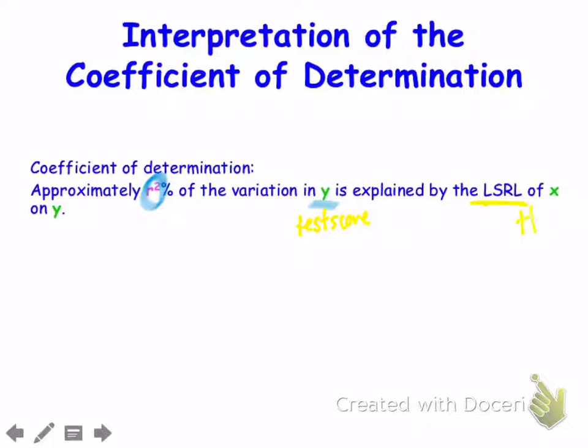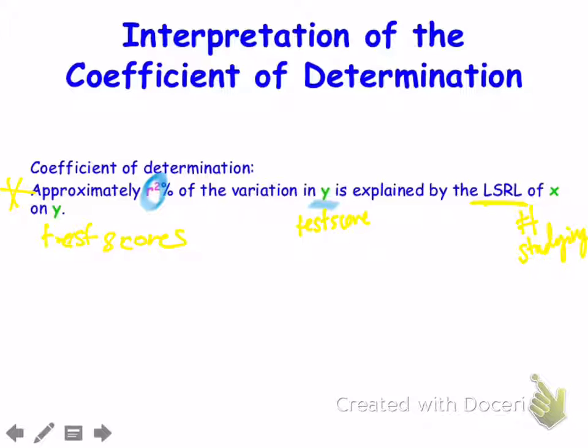So of hours studying on test scores. So you're just replacing. So for the purpose of the scripts, I want you to write this verbatim because that's what's going to get you full credit on the AP exam. But as far as understanding what R squared is, the explanation that I gave you. Okay? But it has to be word for word on a test.